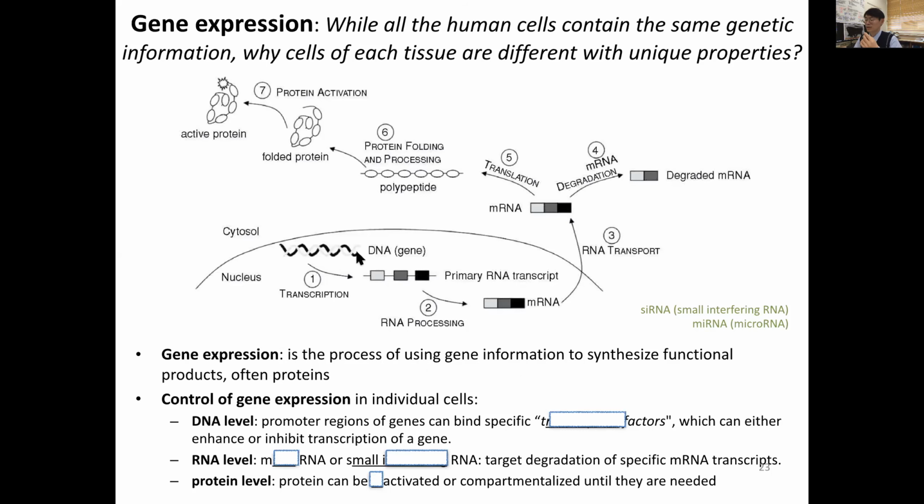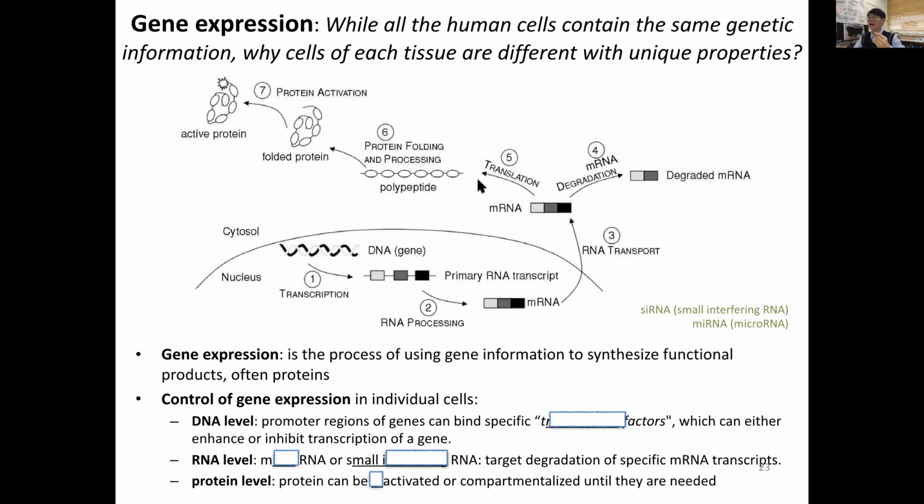From the chromosomal DNA, transcription makes a primary RNA transcript, and by joining exons together and eliminating introns, which is called RNA processing, it creates messenger RNAs. That messenger RNA comes out of the nucleus as RNA transport, and this mRNA can degrade or it can be translated.